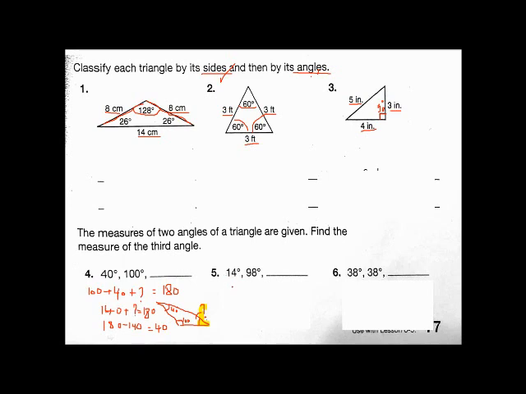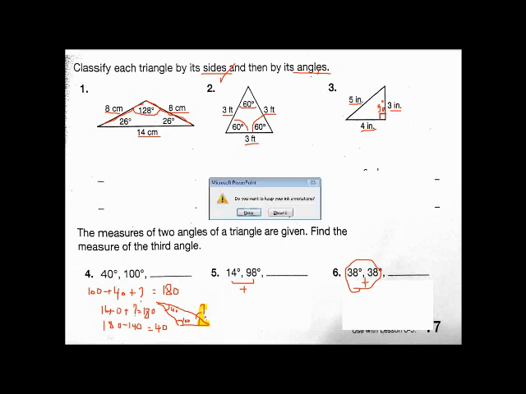We will always do the same. We will always add the two angles together, and then I will say 180 minus the two angle measures that I have.